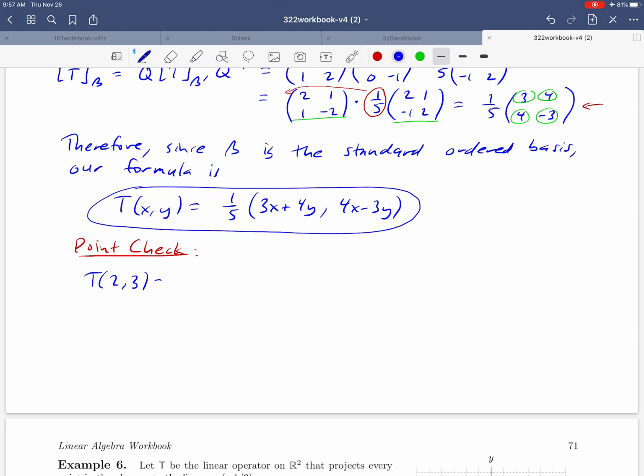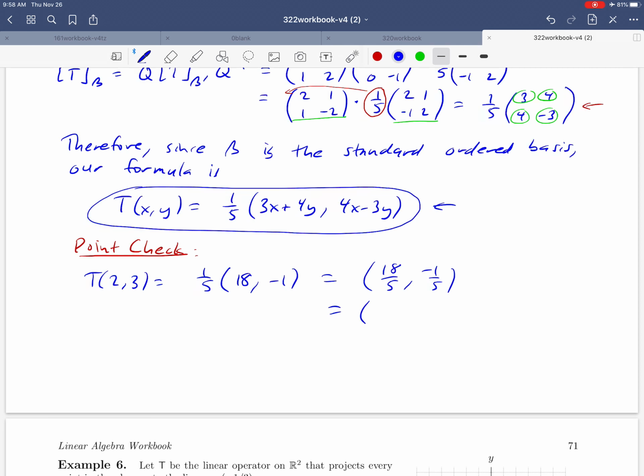So T of 2, 3 would be, using the formula that we just derived, 1/5, plugging 2 in for x and 3 in for y. So 3 times 2 plus 4 times 3 gives us 18. And the second coordinate, 4 times 2 minus 3 times 3, gives us negative 1. We can simplify that a little bit, 18/5 and negative 1/5.